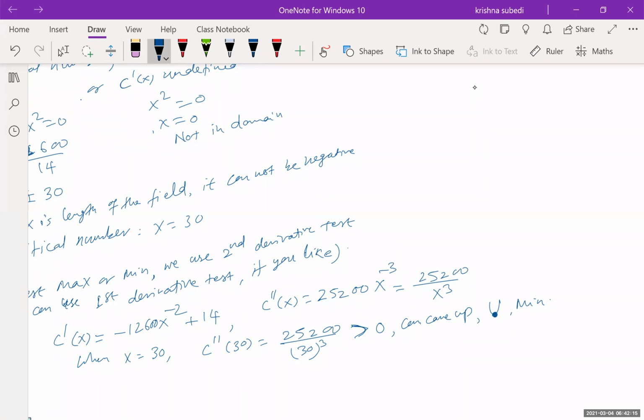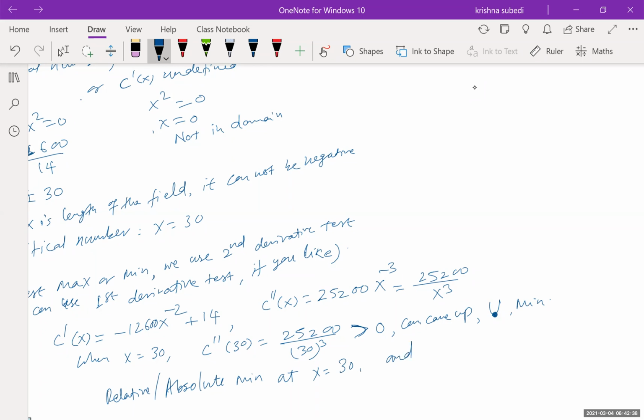So what we found out is that there is an absolute minimum, or you can say relative, doesn't matter, at x equals 30.